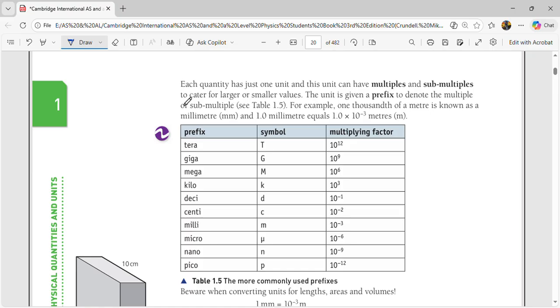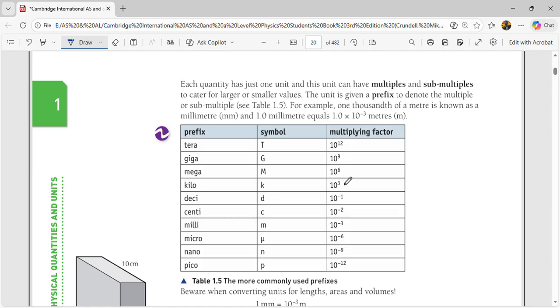We have these prefixes in a table here, table 1.5, of which the order doesn't matter, but what matters is knowing the symbol and the corresponding multiplying factor, because that is what matters.